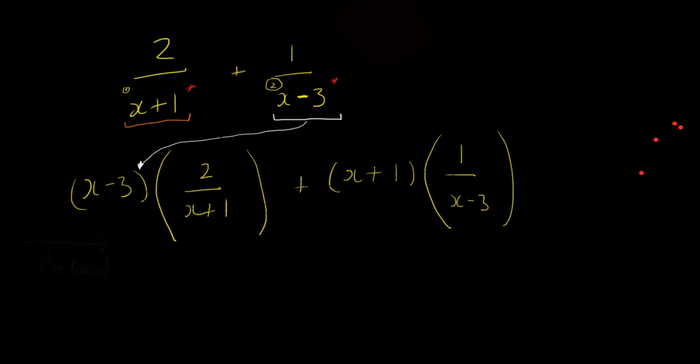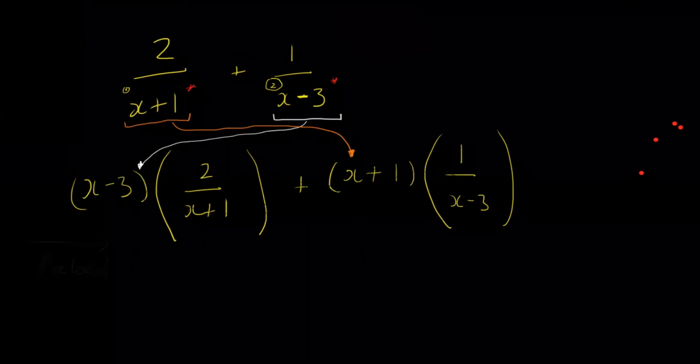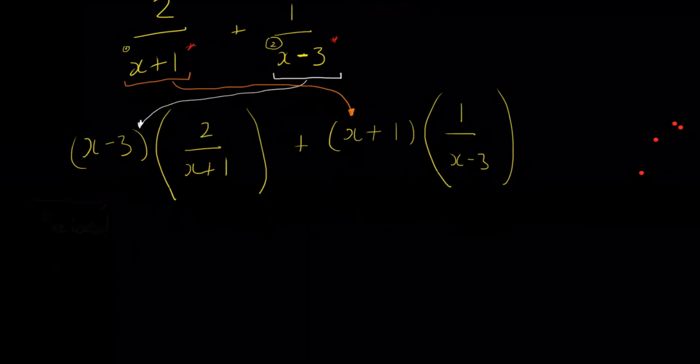I've taken this and just put it there. And what happens when I put the bracket outside? Whatever I do to the top, I've got to do to the bottom, correct? So essentially, let's do the multiplication.